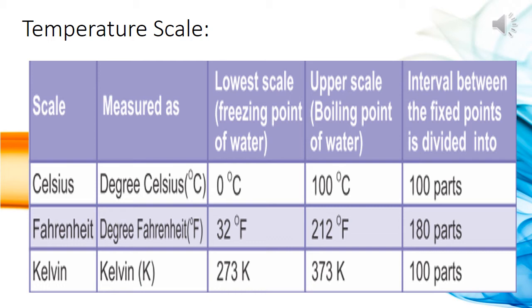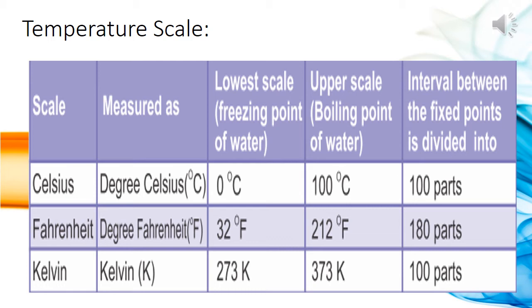The second one is the Fahrenheit temperature scale, which was invented by Daniel Gabriel Fahrenheit in 1714. It is denoted by degree Fahrenheit. So the Fahrenheit thermometer has 180 equal parts.